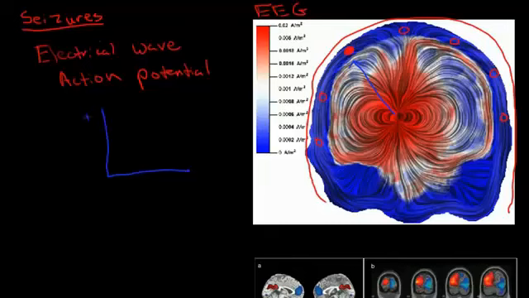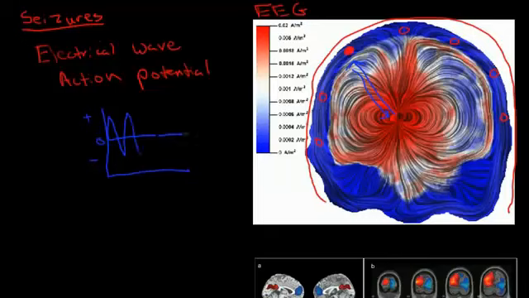This is more positive, this is more negative. If there were action potentials moving towards this electrode, and this is 0 here, then it will make a positive deflection of the waveform. And if there are action potentials moving away from that electrode, the measurement will deflect to the negative side. So anytime you see a waveform like this in an EEG, this means there are action potentials moving towards the electrodes. This means the action potentials are moving away from the electrodes.